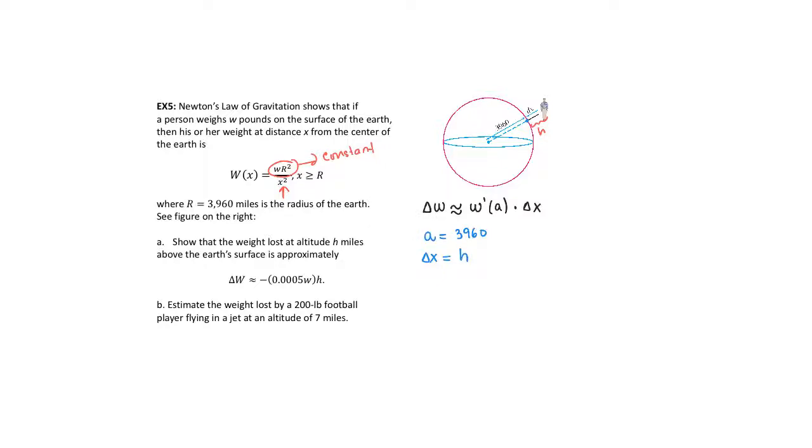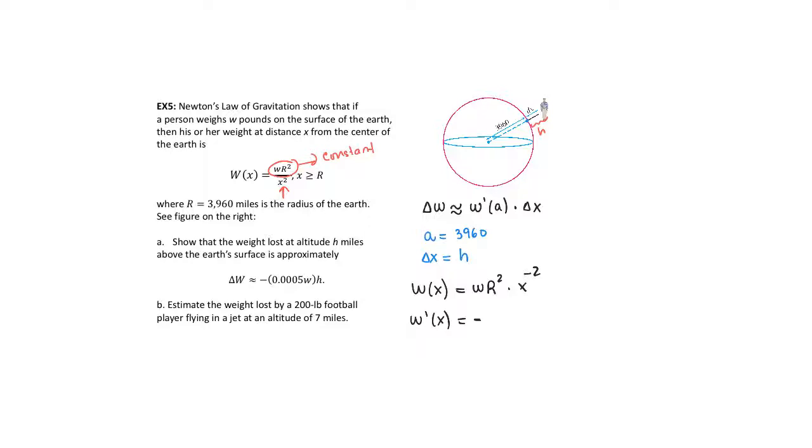So now with that in mind, I know that I'm going to have to find a derivative here. So W of X is going to be equal to w R squared times X to the negative 2. So I'm bringing the denominator upwards by changing the exponent to a negative exponent. And now I can use power rule to find that derivative.